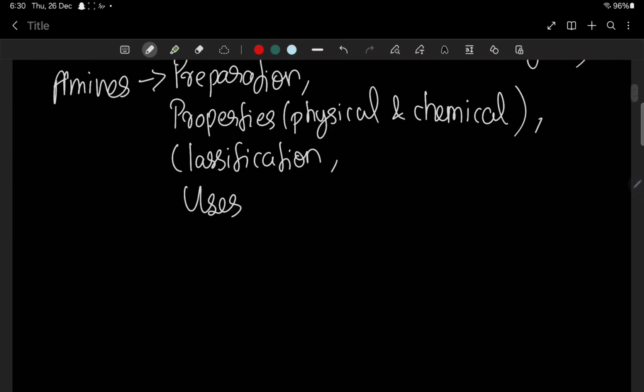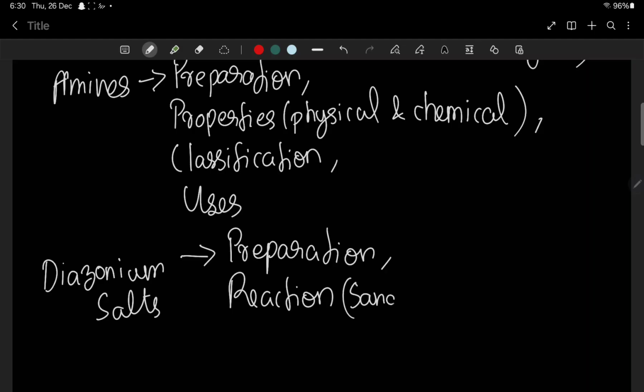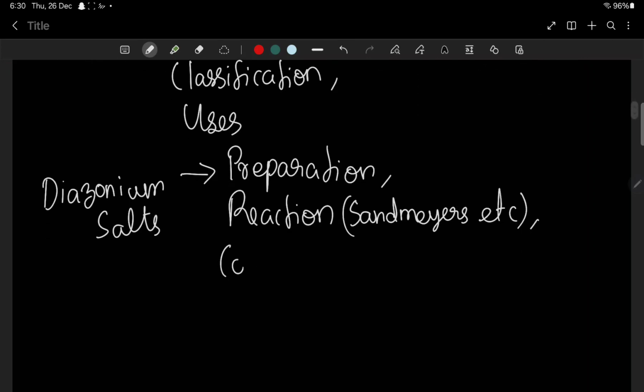Now in diazonium salts, we have preparation methods, then reactions, that is properties, reaction. Example, Sandmeyer's reaction, etc. Then we have coupling reaction.